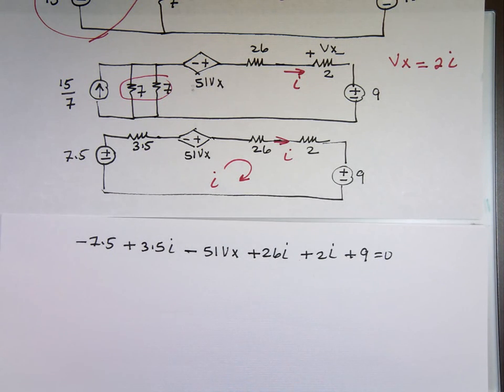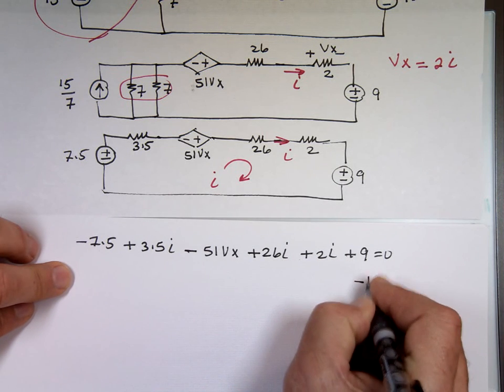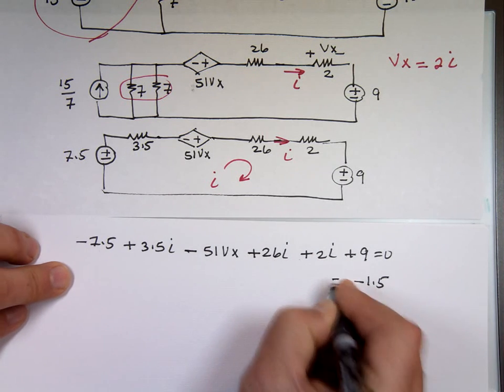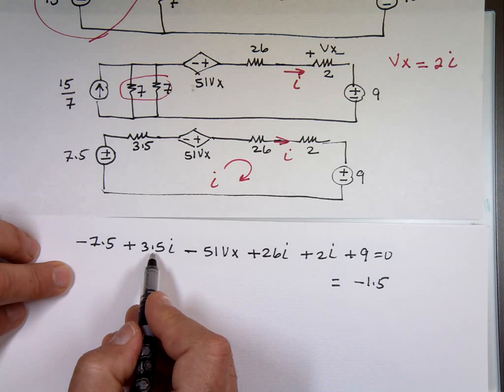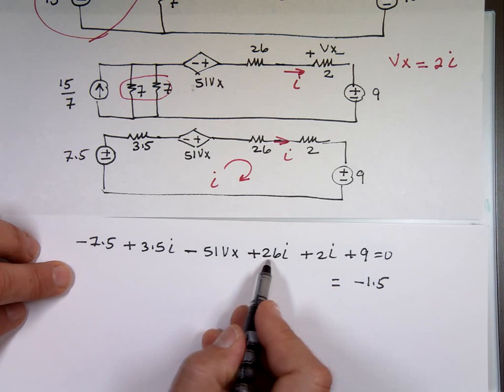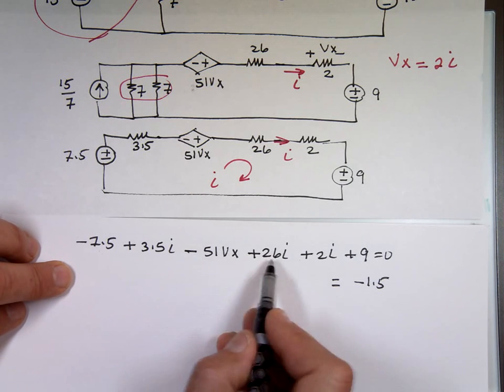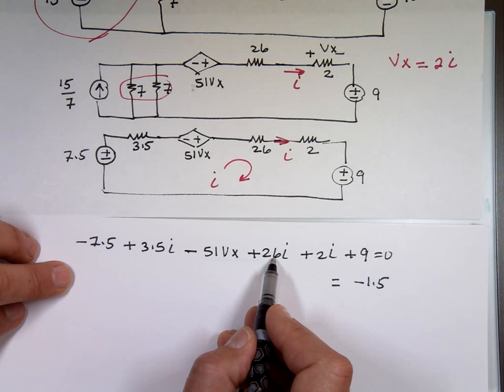Nine minus 7.5, is that 1.5? So negative 1.5 here. 3.5i, 26i, 2i, what's that? 28. 28 and 3.5, is that 31.5?